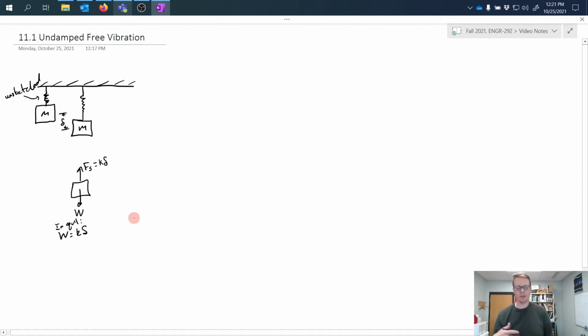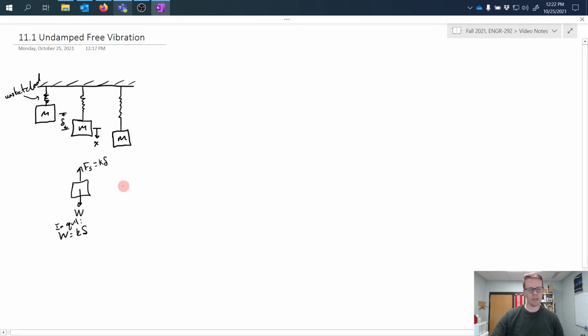Now, the next question then is what would happen if we stretched or pulled that mass down a little further? So now I'm going to pull the mass down a little bit further from this equilibrium condition. So now the position I'm measuring here, I'll call x, and it's how far I've stretched the spring or moved the mass down from its equilibrium position.